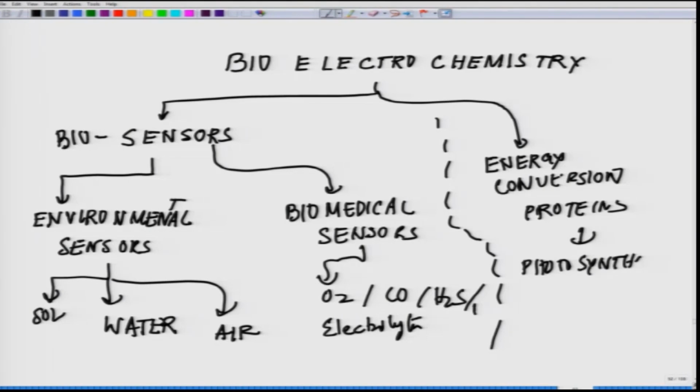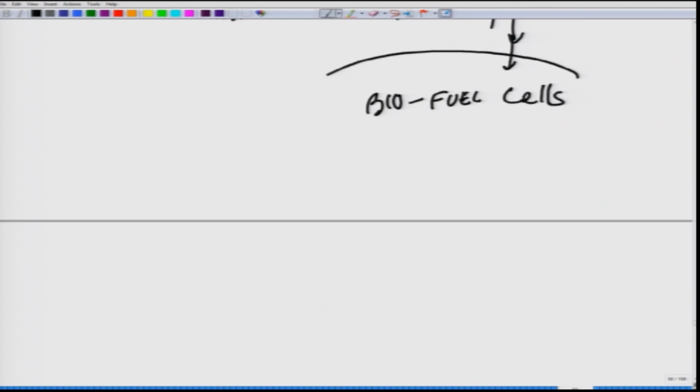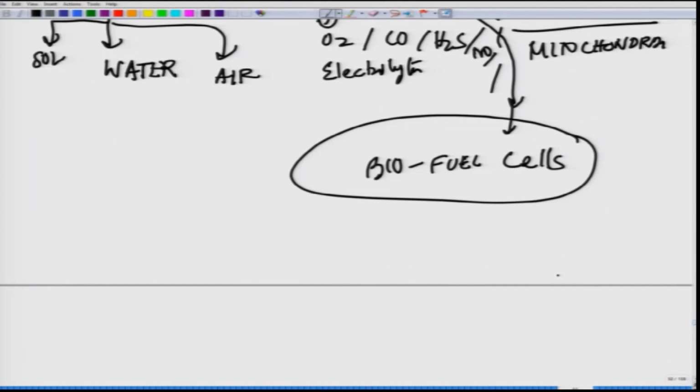Oh, by the way, NO synthesis and mitochondrial oxidative phosphorylation. Apart from it, there is another area which we haven't discussed, which is the area of biofuel cells. It is beyond the scope because in 20 lectures we really cannot cover it from the fundamental basics. Biofuel cells, another area which is more on the energy sector.